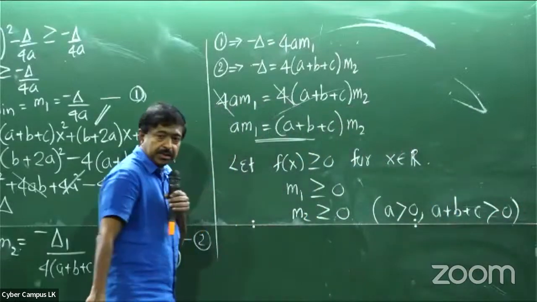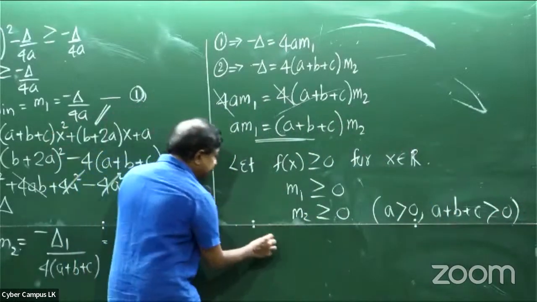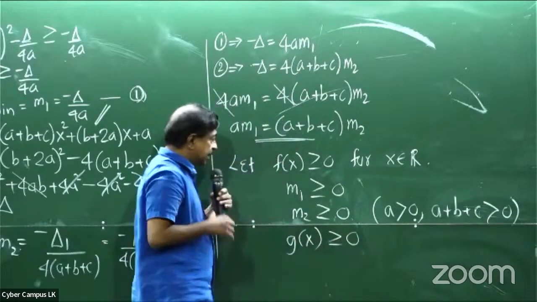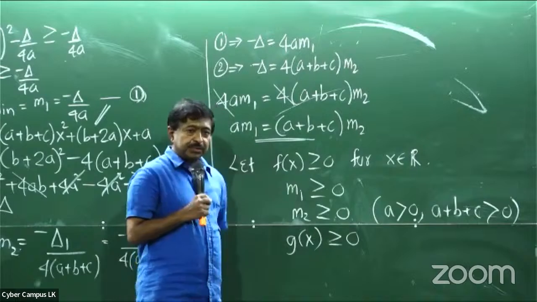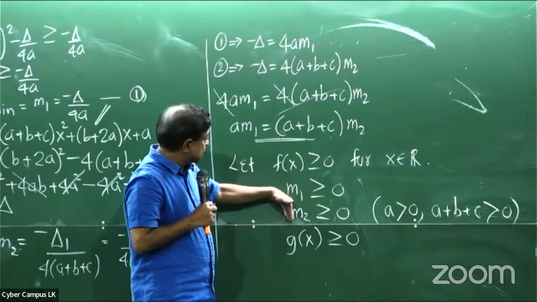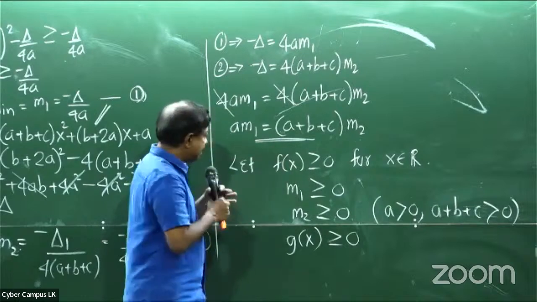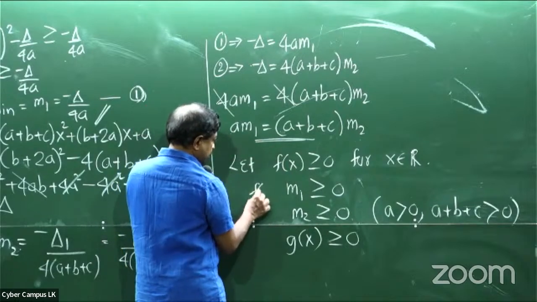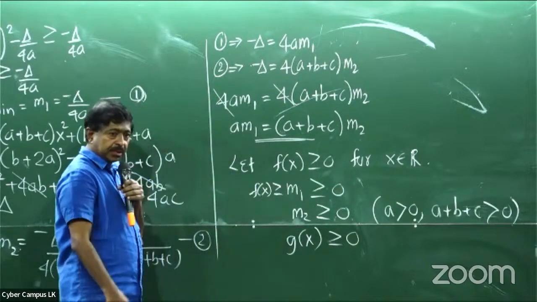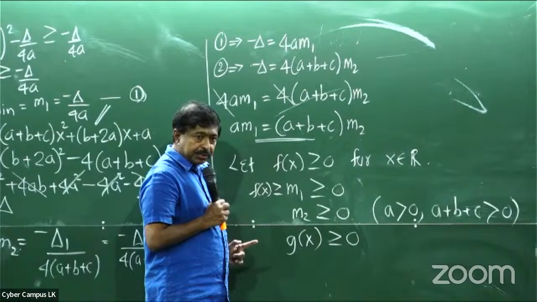Now what can you say? If M2 is greater than 0, that means the minimum value of g(x) is greater than 0, therefore g(x) is also greater than or equal to 0, because g(x) is greater than or equal to M2. f(x) is greater than or equal to 0, therefore M1 is greater than or equal to 0.